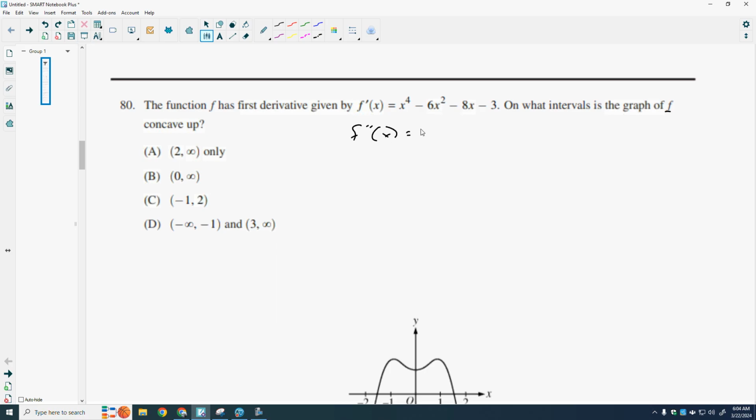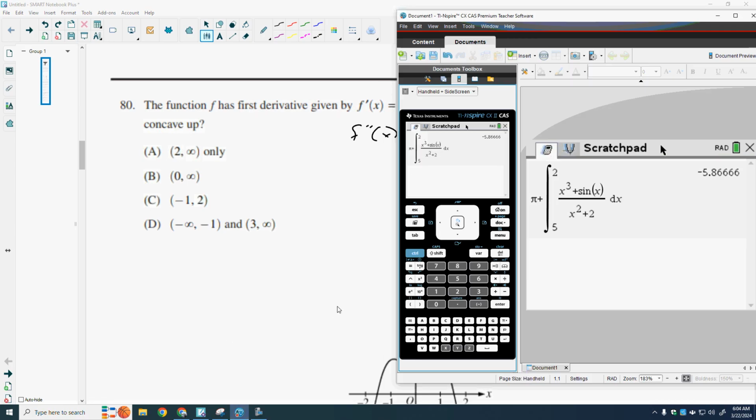This one's an easy derivative. So this is 4x cubed minus 6x squared minus 8. That's a squared. Okay, so now this is my second derivative. I want to know on what intervals it is concave up. Yeah, I'm not sure which way I want to do it. I'm going to graph it. We haven't done a lot of graphing.